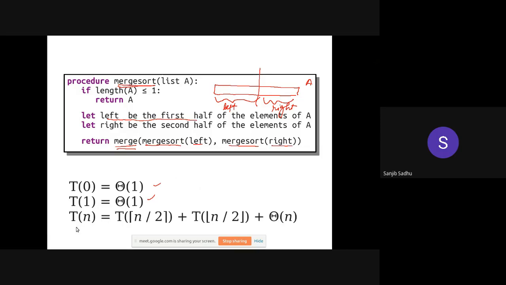Now if there are n elements in an array, then the left half will be n by 2, the right half will be n by 2, and then you need to merge the two lists.